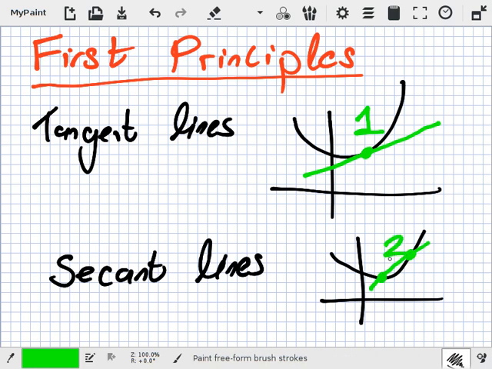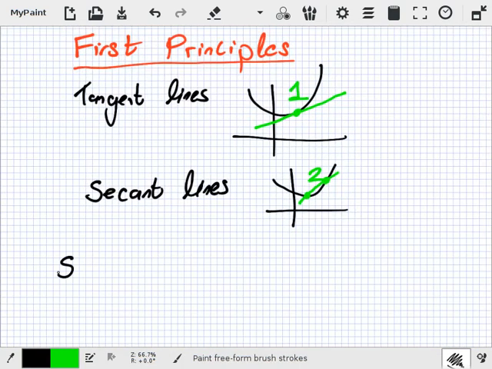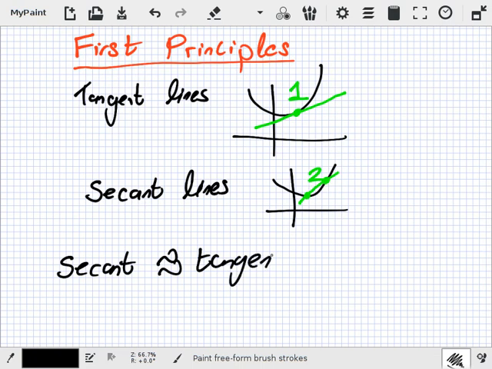Now, before we get started, just a concept. We can imagine that the secant is roughly the same as the tangent if the 2 points are quite close together.